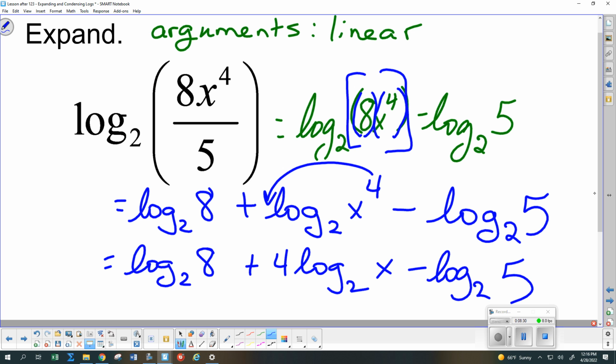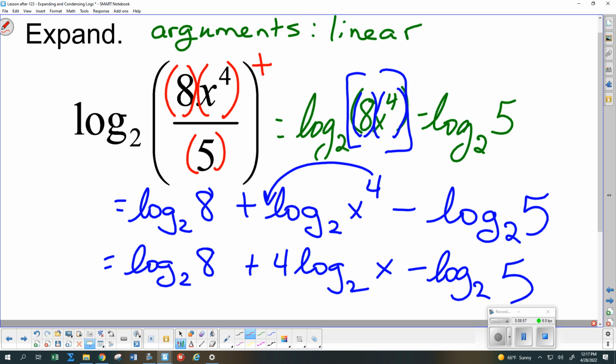Before I talk about that, though, I'm going to talk about a little bit shorter way to do some of these. If you start off and look at, oh, I've got a log of a whole bunch of things. Right here, I'm going to say this is 8 times x to the 4th over a 5. Any of the ones that are in the numerator, when I expand it out, will need a plus in front of them.